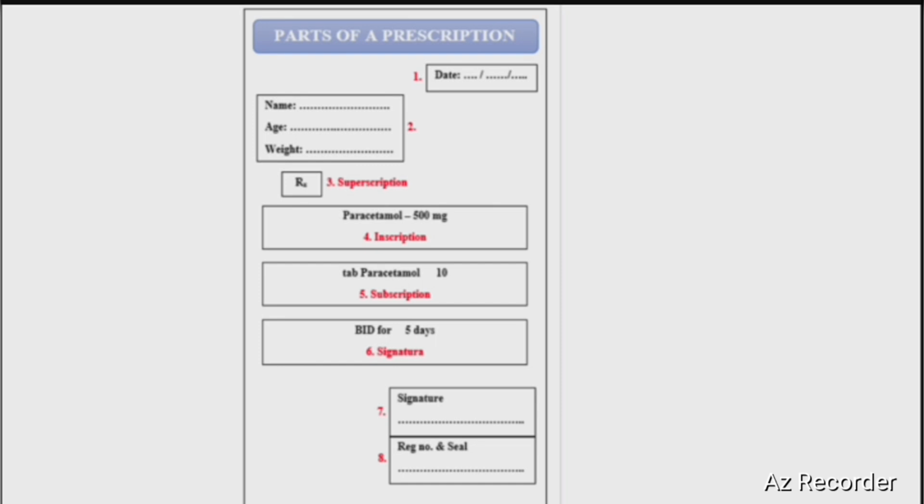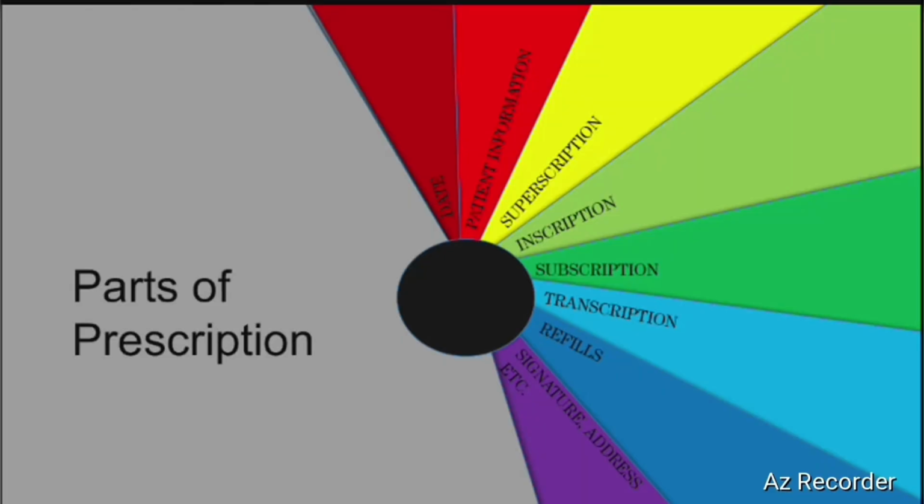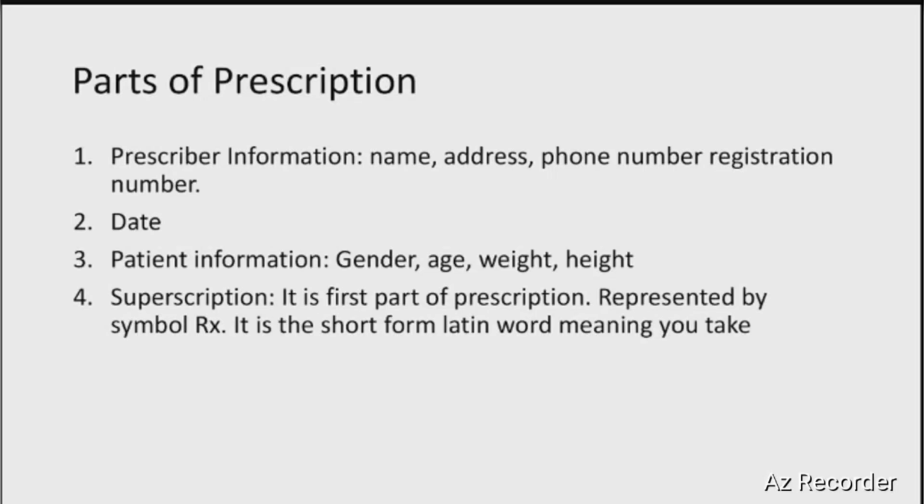Now we will see in detail what these parts are. Just understand the terms, then we will move towards the definition of these parts. First, we will start with the superscription. To remember, super means it appears at the first part of the prescription.